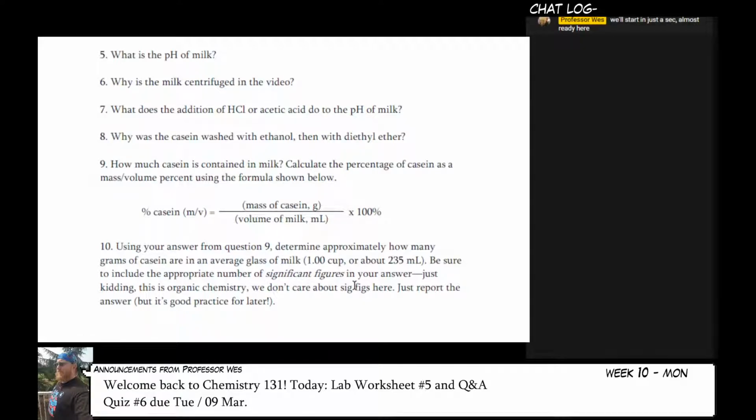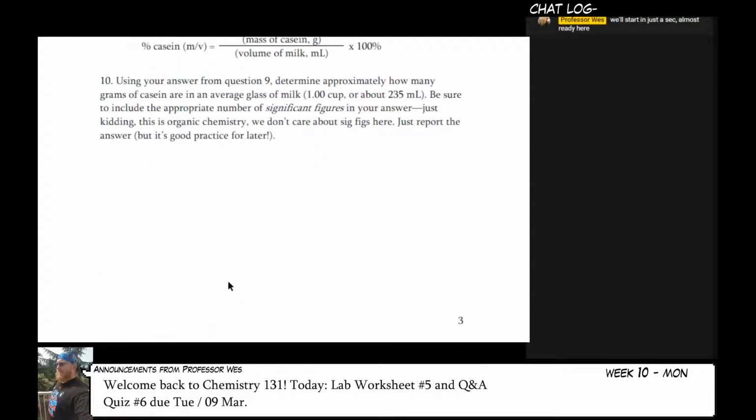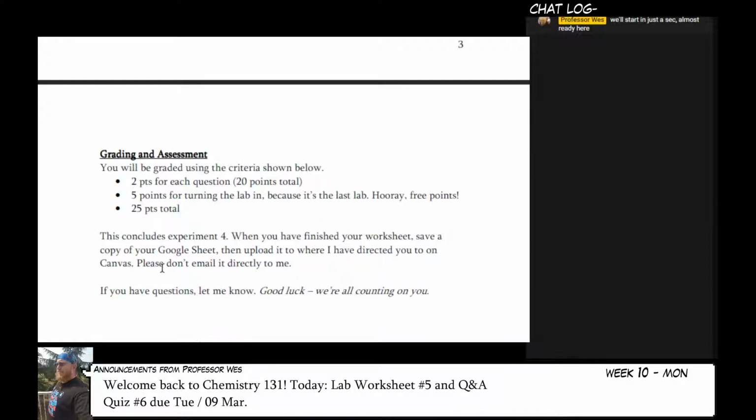So if you could just give me a number and do the calculation correctly, I'll give you your points for it. You'll notice there's only 10 questions, and each question is worth 2. So by doing the assignment, you get 5 points. So it's still worth 25. However, I've already given you 5 points. However, to get those 5 points, you do have to turn in the assignment.